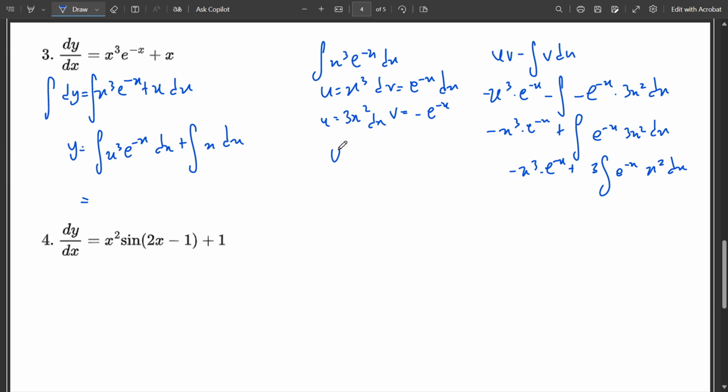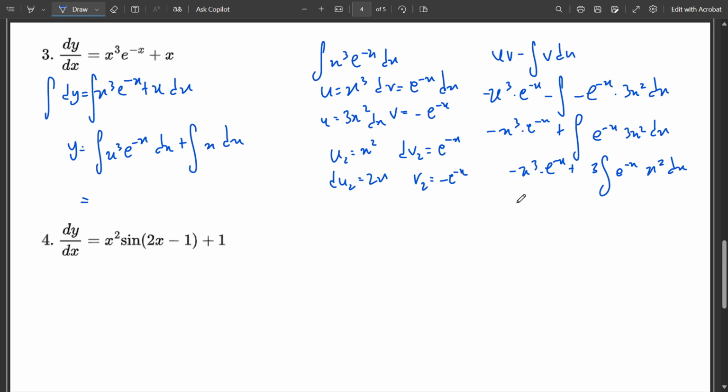We have u2 equals x squared, du2 equals 2x dx, and dv2 equals e to the negative x dx, and v2 equals negative e to the negative x.